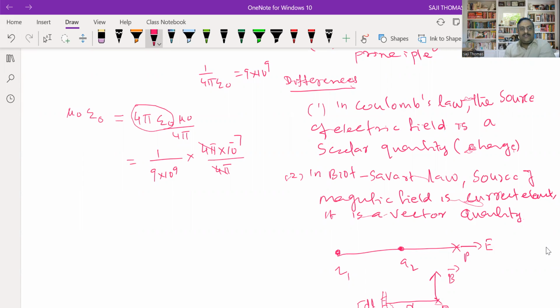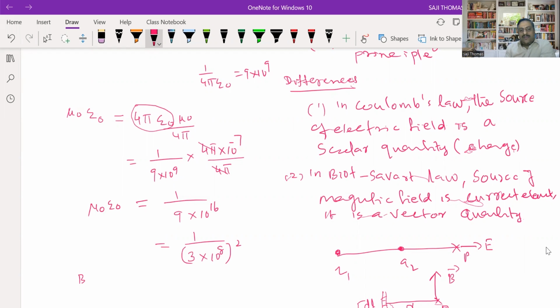This can be written as 1 by 9 into, that 10 raised to minus 7 you take to the denominator, 10 raised to 16. Mu 0 epsilon 0. This again you write, 9 can be written as 3 into 3. So 3 into 10 raised to 8, the whole square.